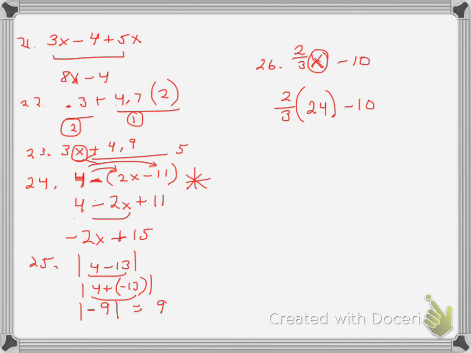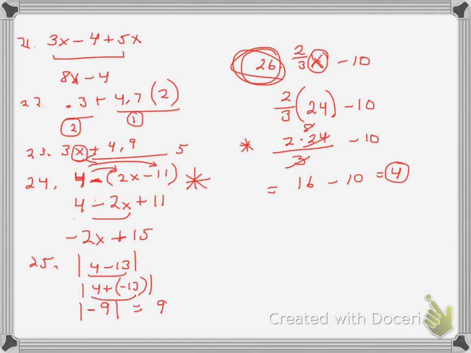Now that means 2 times 24 in the numerator over 3. Very critical idea there. Minus 10. I can cancel then because everything's a factor over here in this fraction. 3 goes into 24 8 times. So 2 times 8 is 16. Nothing in the denominator now. Minus 10, or 6. So this is another good problem to be able to do on your own.